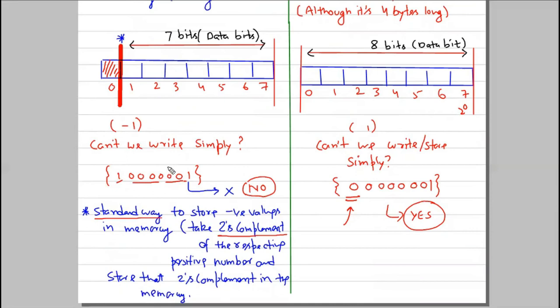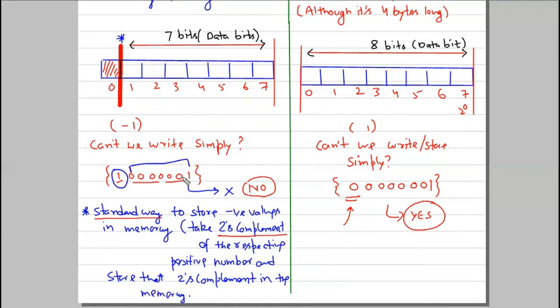But for negative values in memory, if the sign bit is 1, the rest of the data is not the actual value. You must always remember that the rest of the data is the 2's complement of the actual data. That's why we are saying it's a negative number.